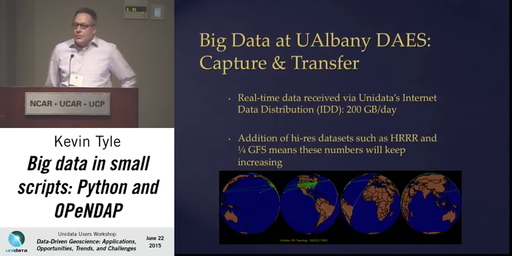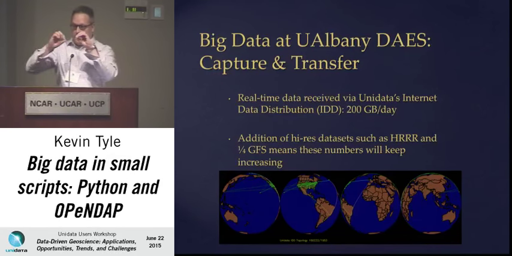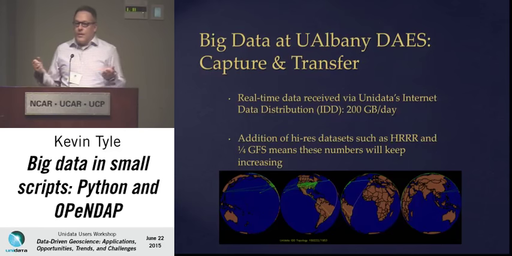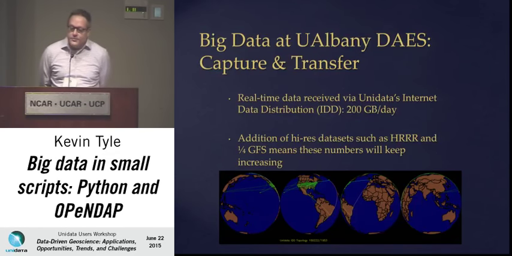And of course, what we're seeing is that as, for example, model resolution gets greater and greater, both in terms of spatial and temporal resolution, the incoming data stream gets bigger and bigger. So currently at UAlbany, we're taking in a few hundred gigabytes per day, and we're storing it. This number is only going to go up.